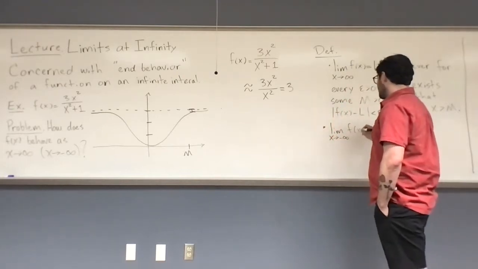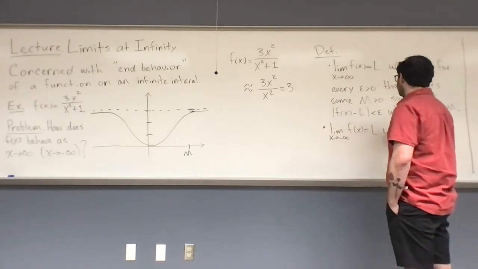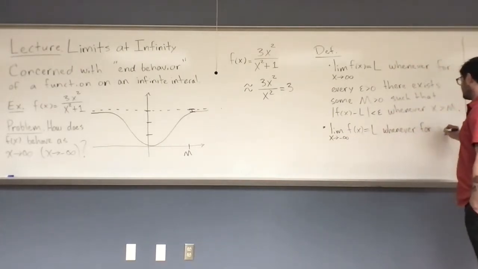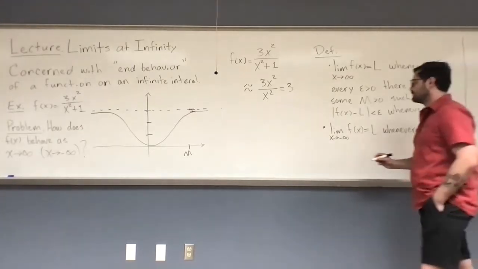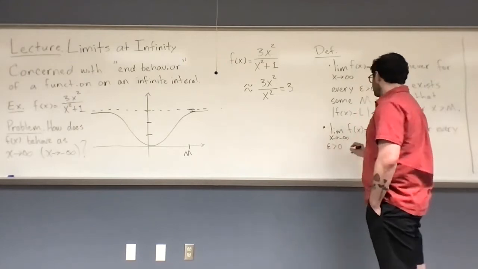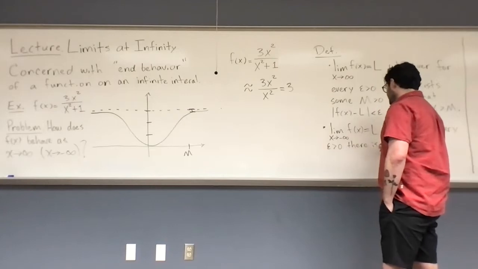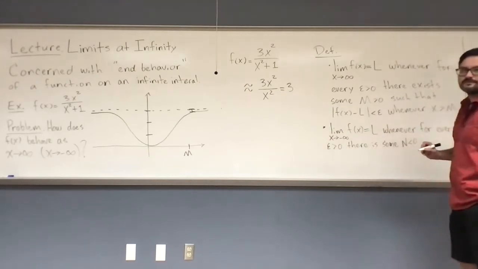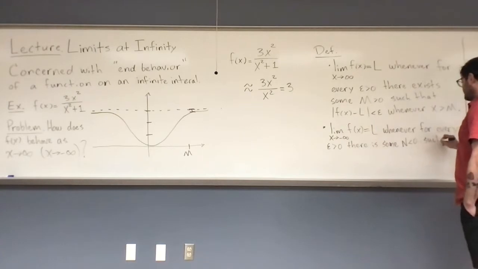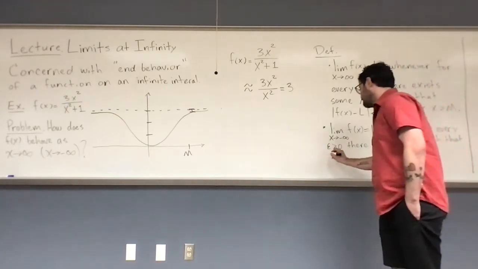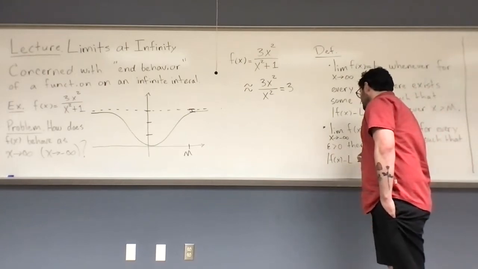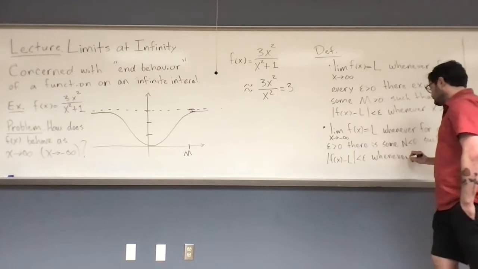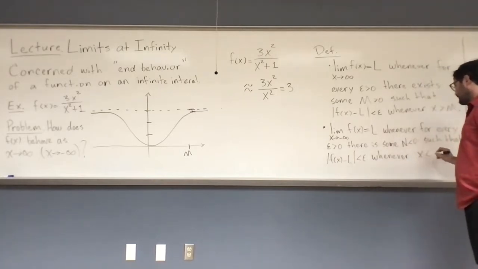The limit as x tends towards negative infinity of f of x equals L whenever, for every positive number epsilon, there is some, I'll call it n this time, n less than 0 this time, such that the distance from the function's output at x to the limit is less than epsilon whenever x is now less than n.